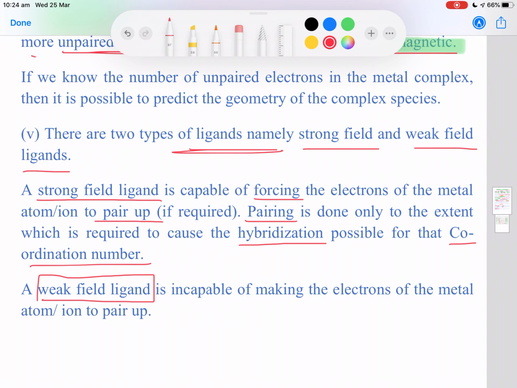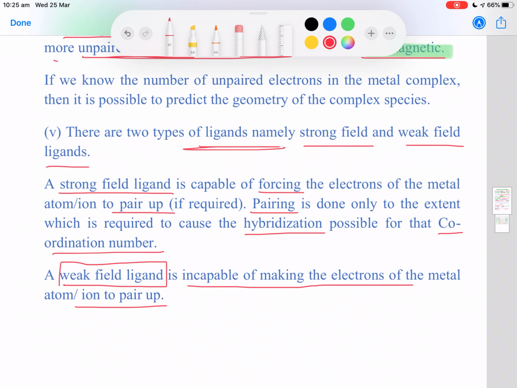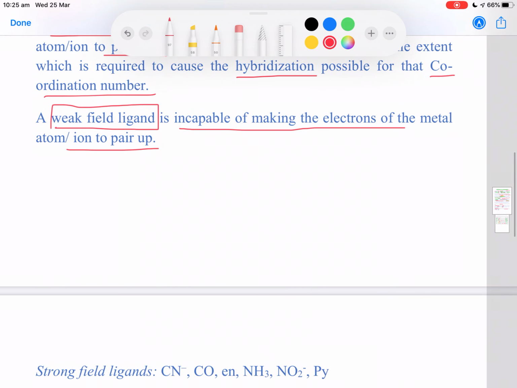So they let the electrons remain in an unpaired state. Here I mention weak field ligands are incapable of pairing up the electrons in the central metal ion.